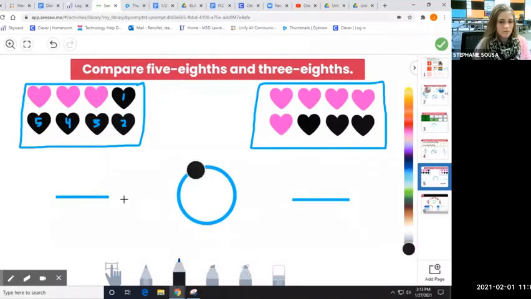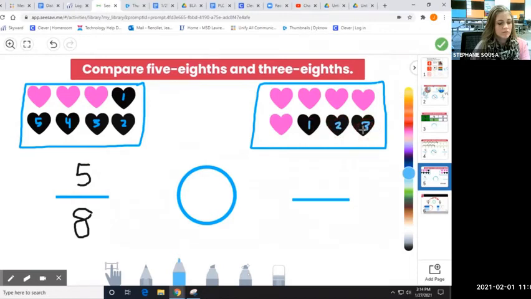We have now represented 5/8 because we have counted 5 of the unit fractions. On the right side, only 3 hearts have been shaded black. 1, 2, 3. We have represented 3/8 because 3 out of 8 equal parts is shown.